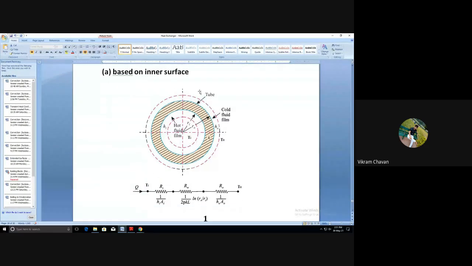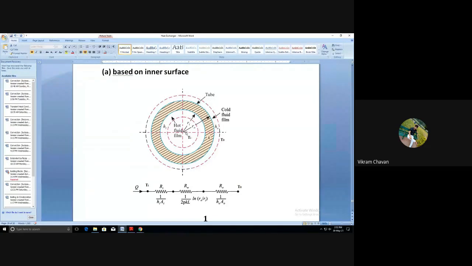So in this particular case, how do we write all the resistances? The first resistance: consider that the hot fluid is present here, so the heat will transfer radially outward. The first resistance to heat transfer is because of convection.